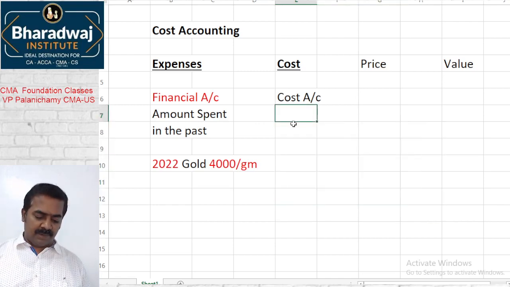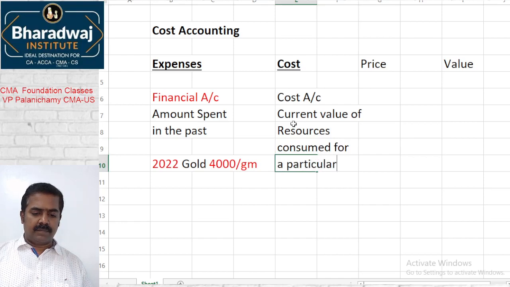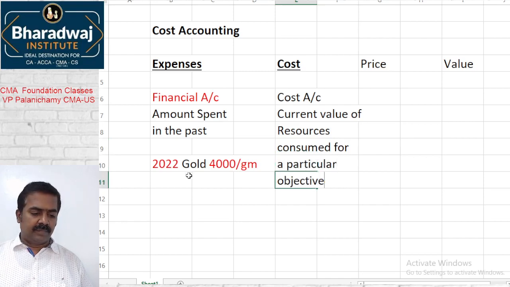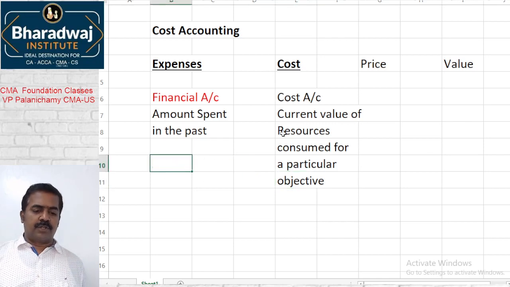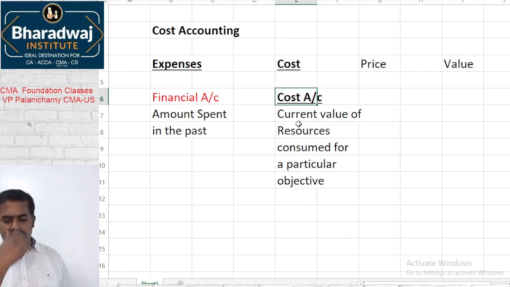Cost refers to the current value of resources consumed for a particular objective. Clear? That is called as which one?